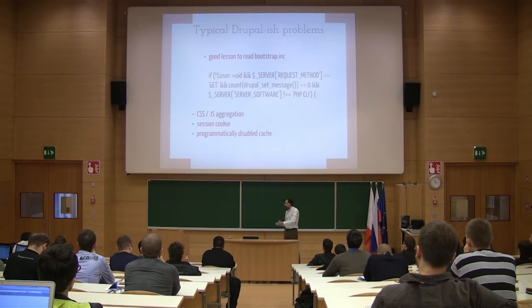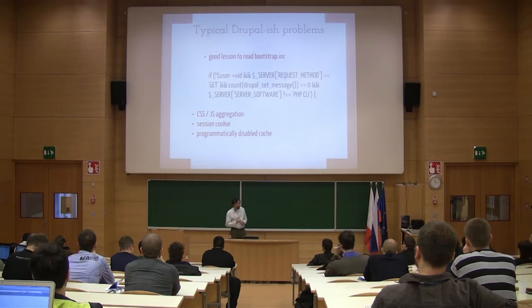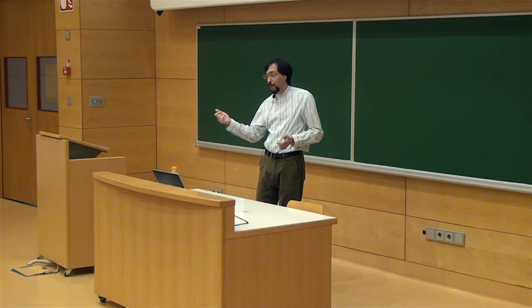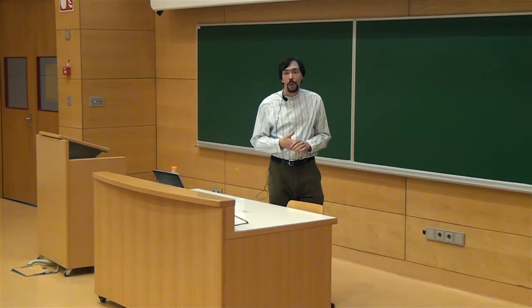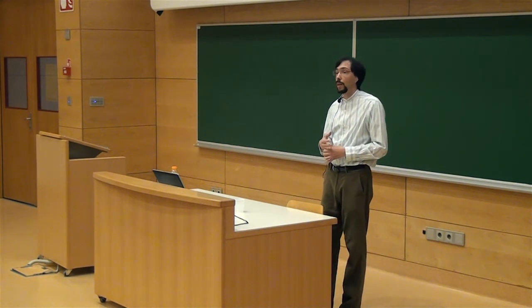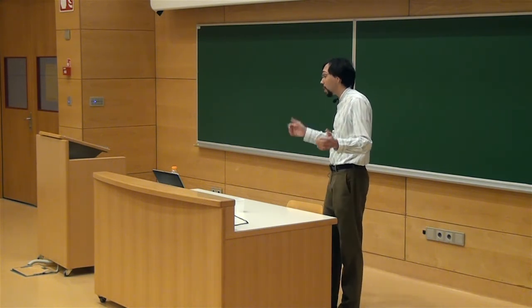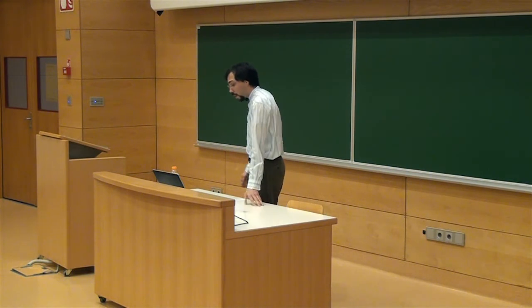Here is what I highlighted. Of course, it doesn't make sense to use the cache when we are at the command line. Also, drupal_set_message. Is it surprising? Maybe for some of you, if a contrib module calls drupal_set_message, the cache is skipped.